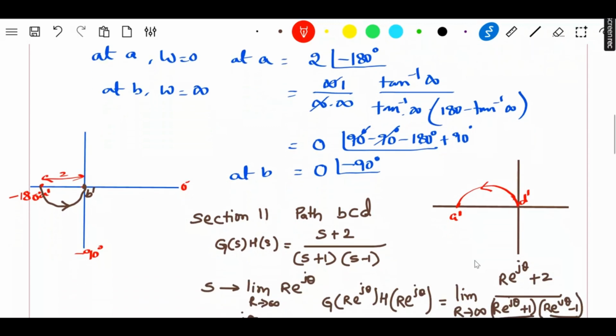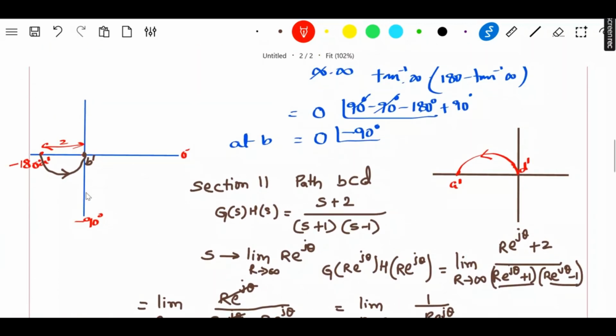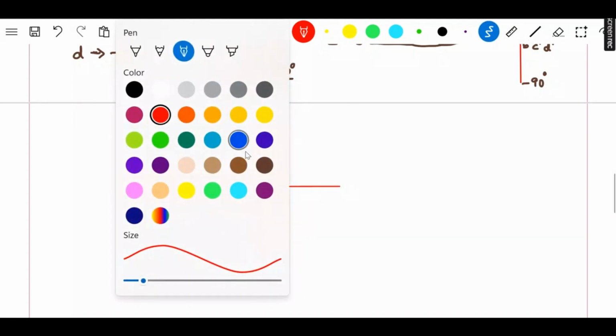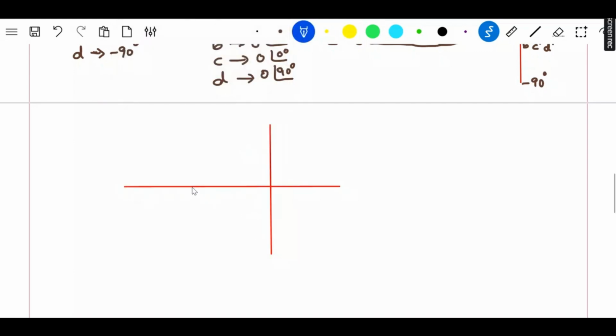Now we'll mix all these three traces and check what is the final Nyquist contour that we get. So I'll try to write the final diagram here. I'll write the trace A dash to B dash, and then D dash to A dash.